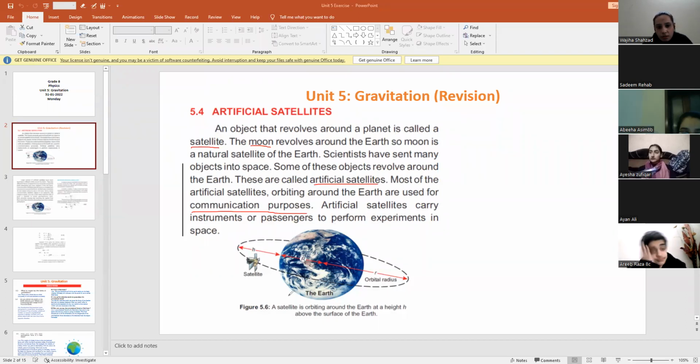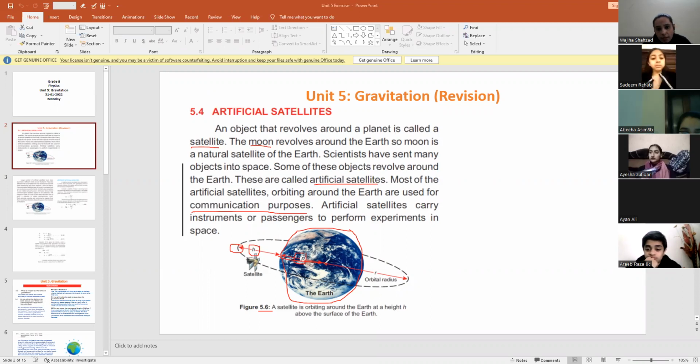If you see figure 5.6, this is our Earth, and the radius of the Earth, as we all know, is represented by capital R. From the center to the end of the Earth, this is R, the radius of the Earth. If a satellite is placed at some height, the distance of this satellite is measured with h, which is known as the altitude. It is placed at some height, so we represent it with small h.